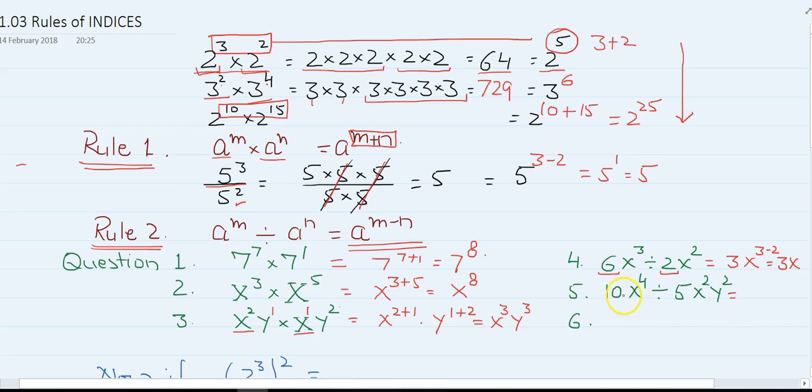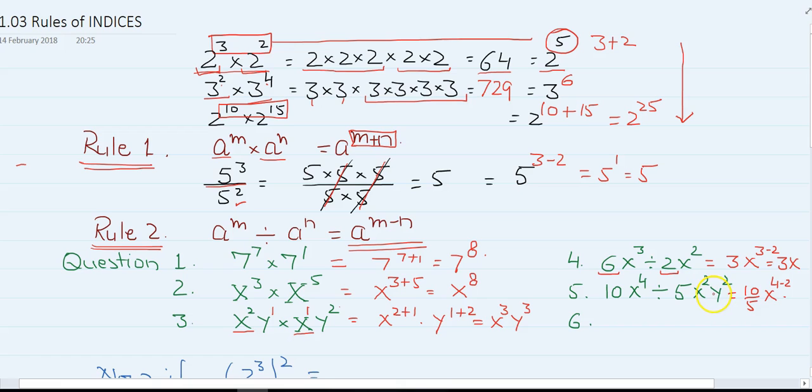Another example is 10x to the power 4 divided by 5x squared y squared. 10 divided by 5, and x to the power 4 minus 2.